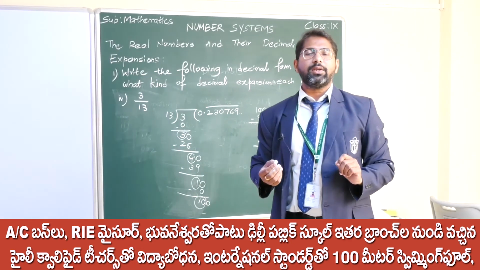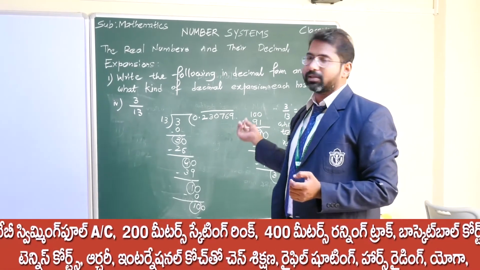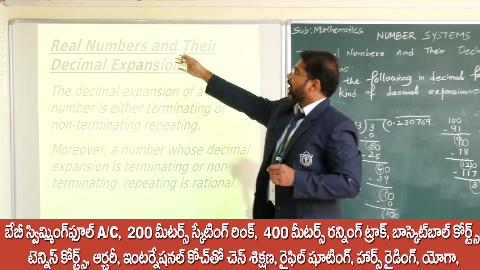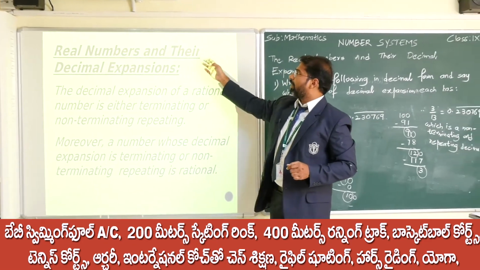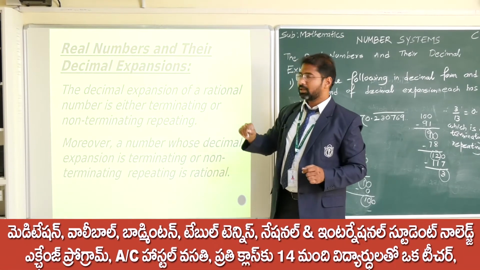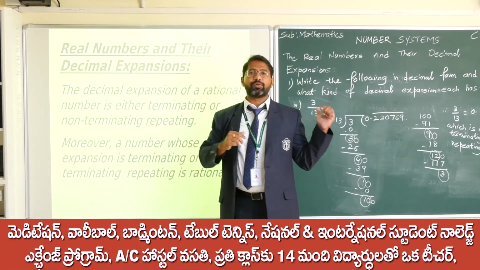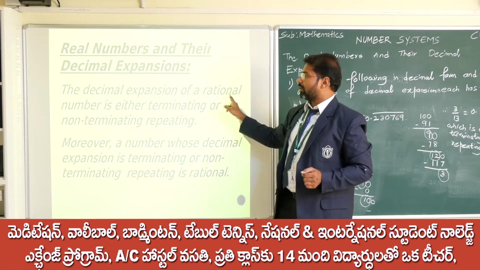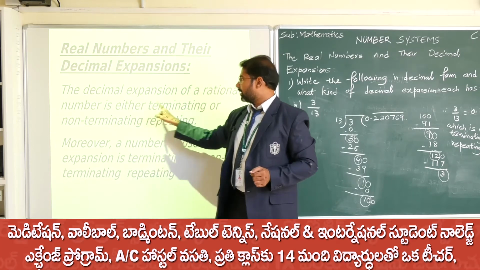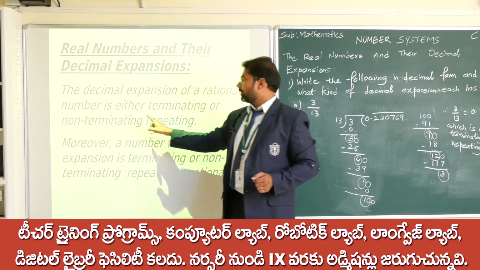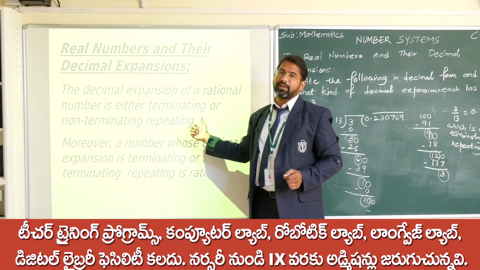Let us summarize what we have learned from these examples through our PPT. Real numbers and their decimal expansions. What we have seen through examples is that the decimal expansion of a rational number is either terminating or non-terminating repeating decimal.